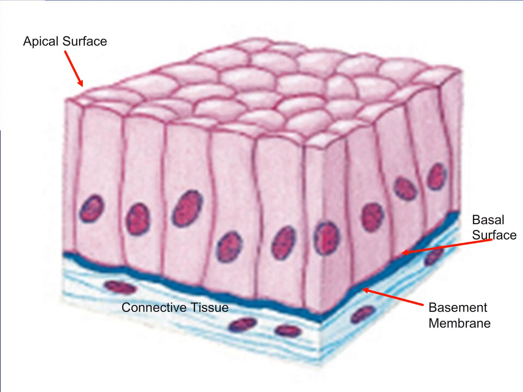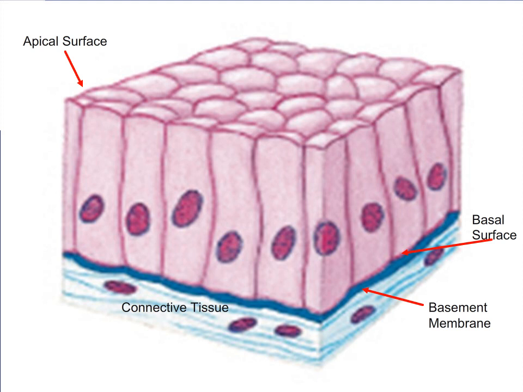And remember, the lumen was just a fancy word which meant internal opening. Now, in addition to having an apical surface, we also have a basal surface. The basal surface is the bottom layer of the cells, and that is the layer that sits on something called the basement membrane. The basement membrane is an acellular protein layer that is in part secreted by the epithelial tissue as well as the connective tissue that's underneath of it.